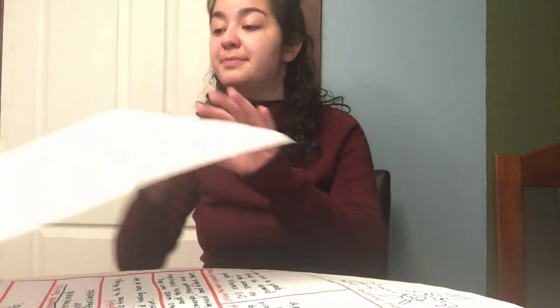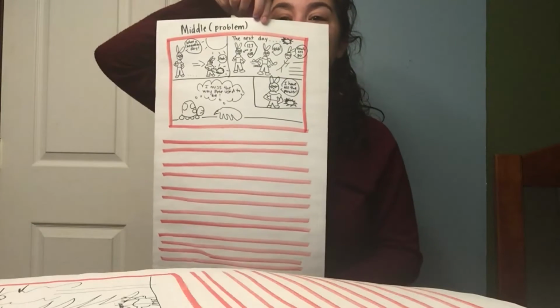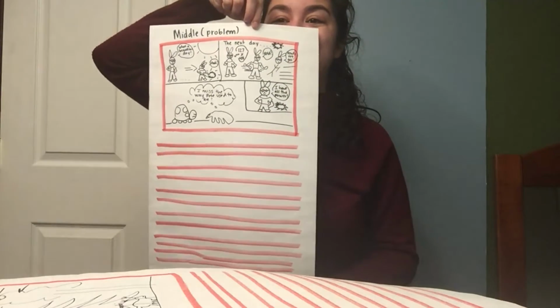You're going to take out your beginning page from yesterday. And you're going to take out your middle page from yesterday. All right? You're also going to take out a sharpened pencil with an eraser so you can get through this whole lesson nice and smooth. Go ahead and make sure you have all of your materials now.